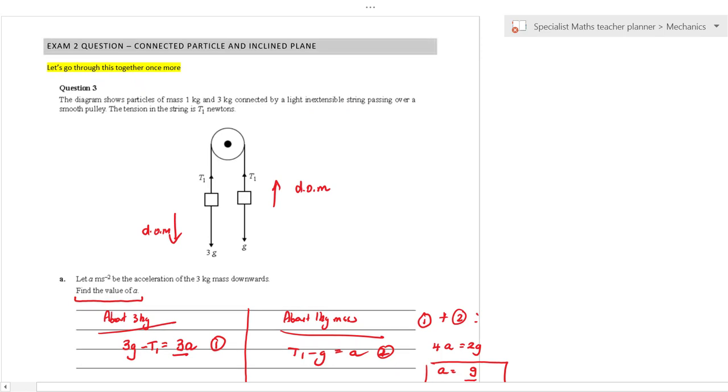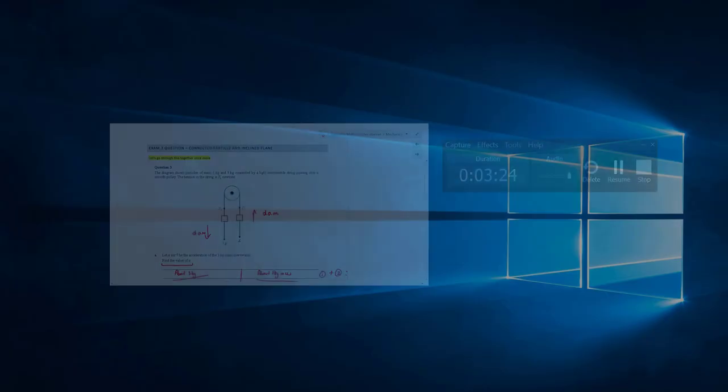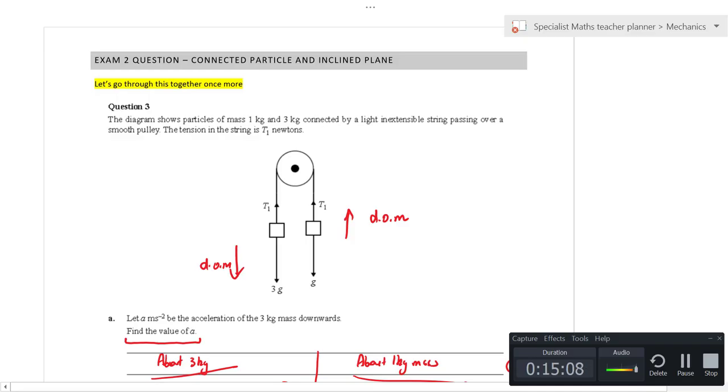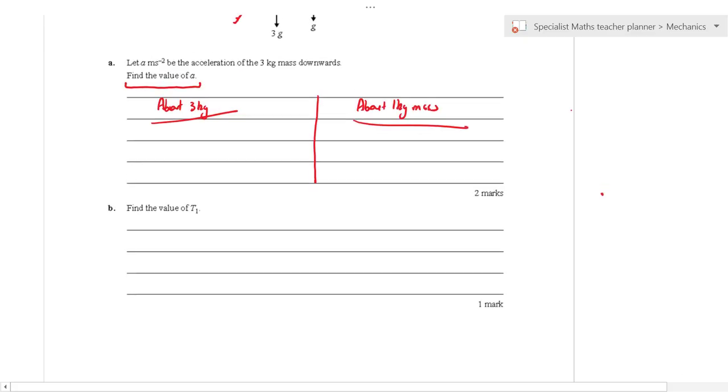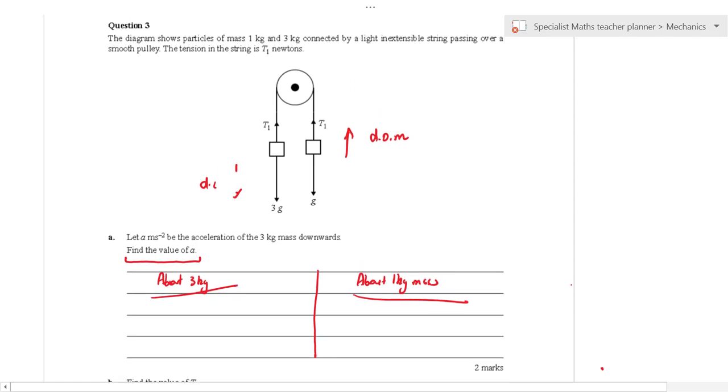Okay. Now, I'm going to just pause this video and I want you to put a bit of a timer on this. Okay, so we're resuming. Now here we've got exactly the same thing. We've got a connected particle, and of course our direction of motion is going to be going this way, and then the other one's this way.